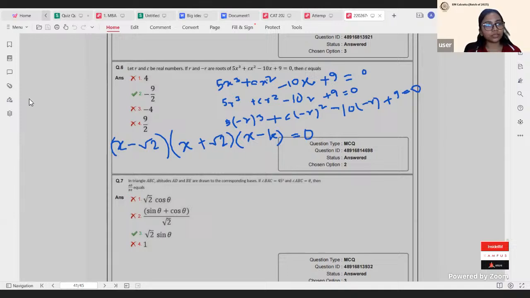So if we elaborate this particular factor equation, we'll find it is x cubed minus kx square minus 2x plus 2k. Just multiplying these three factors.